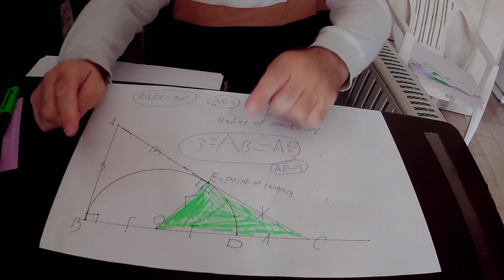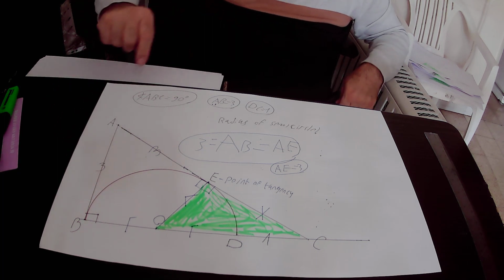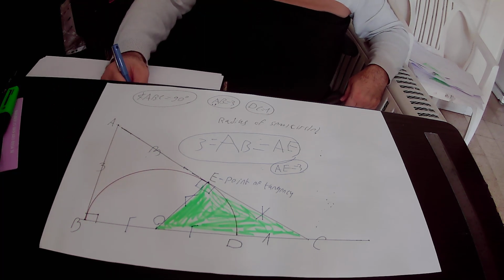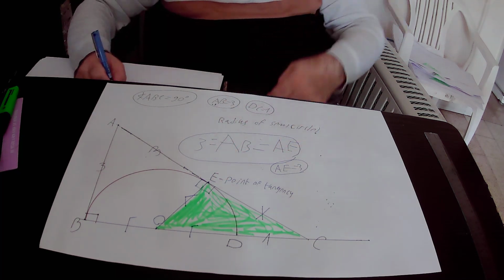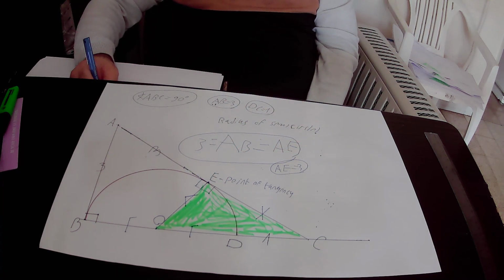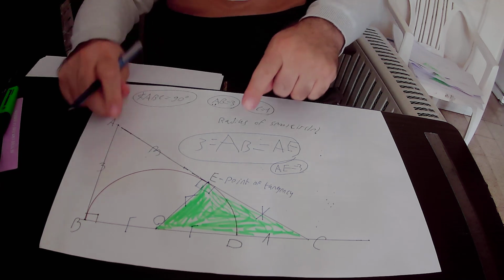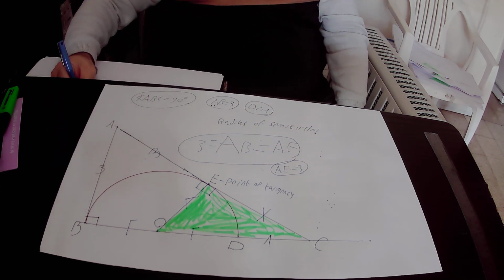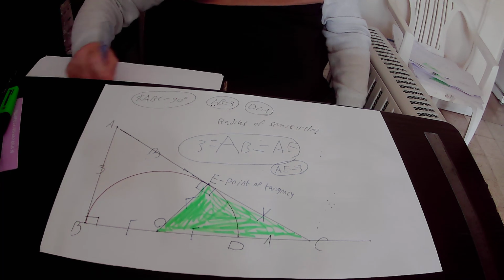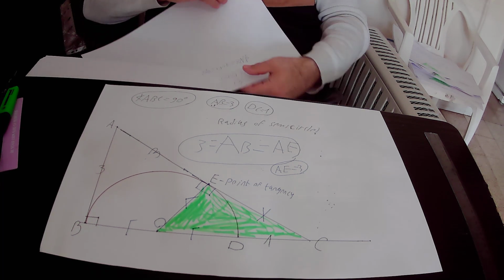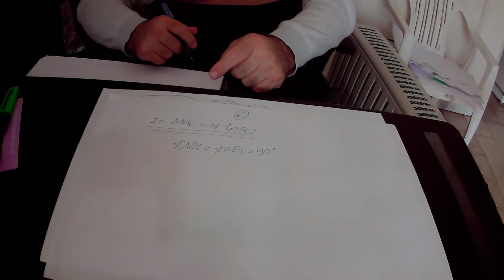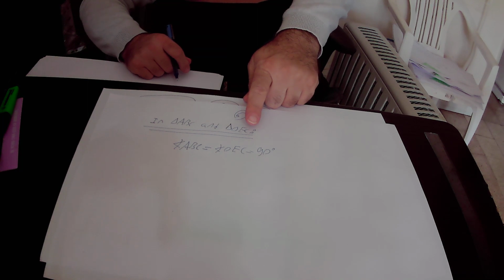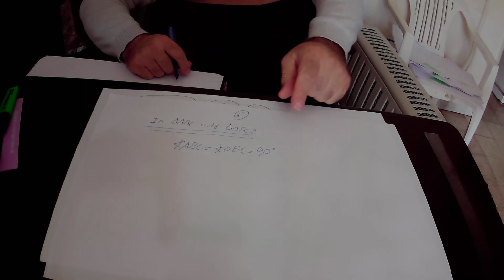So we can write down that angle ABC, this angle in triangle ABC, equals angle OEC, this angle in triangle OEC, and both angles are right angles, that is to say they are equal to 90 degrees.